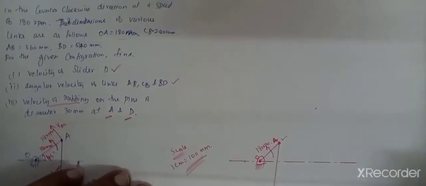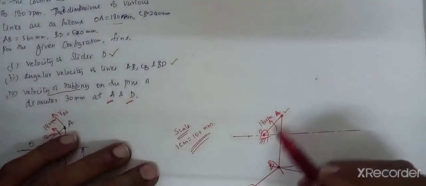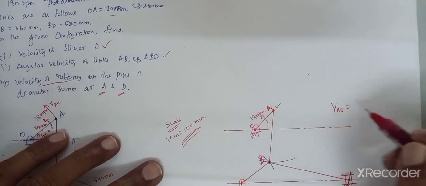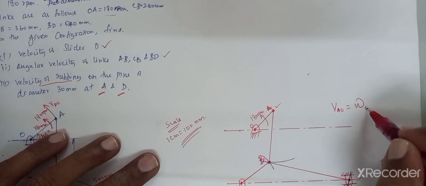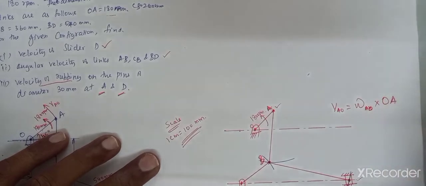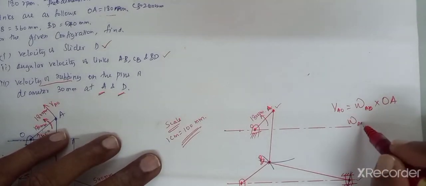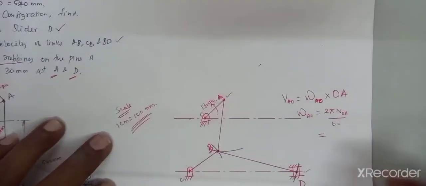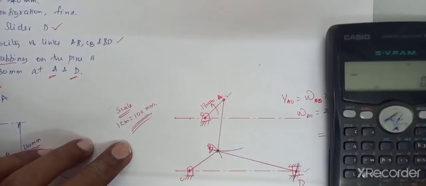For that we need to calculate the linear velocity of our crank OA. So velocity of AO equals omega AO into distance OA, right? So omega AO is equal to 2 pi N divided by 60. The value will be 2 pi into 180 divided by 60.